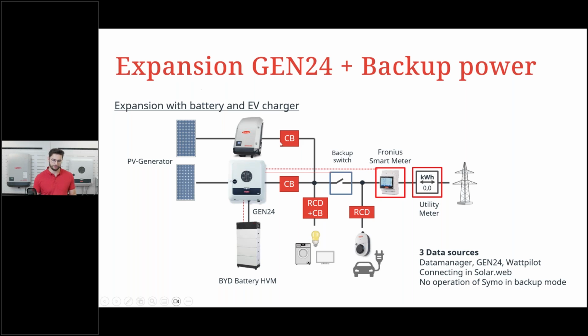Because imagine if we have no grid, the battery is full, and this secondary SnapInverter recognizes this as grid and feeds in all its power, we don't have anywhere to go. And as we currently do not have any option to interconnect the two inverters and control it, we have to shut it down with the higher frequency.